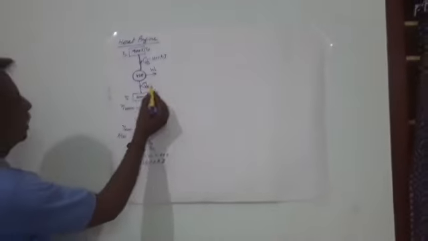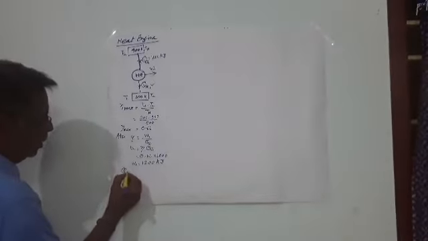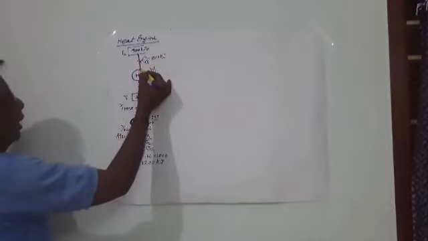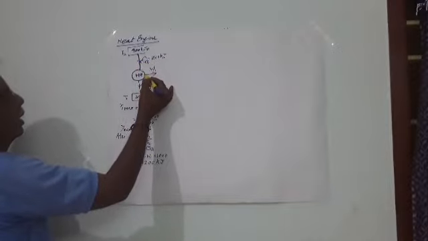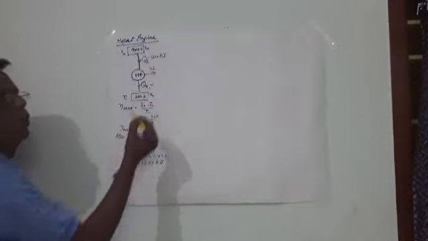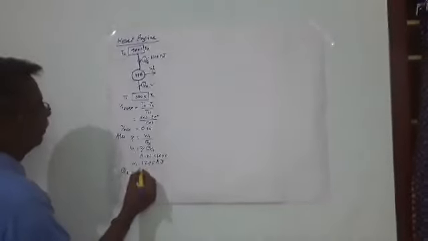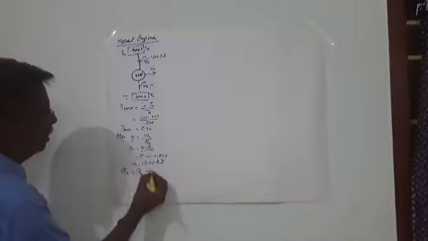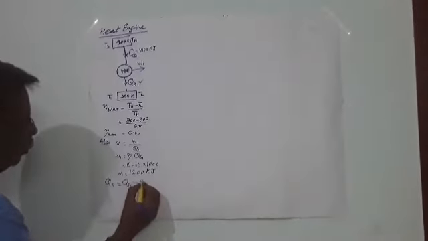Now let us find out the value of QR, the heat rejected to the sink. This is equal to the heat supplied to the heat engine minus the work output from the heat engine, QS1 minus W1.